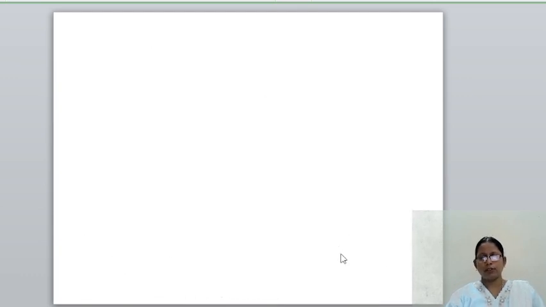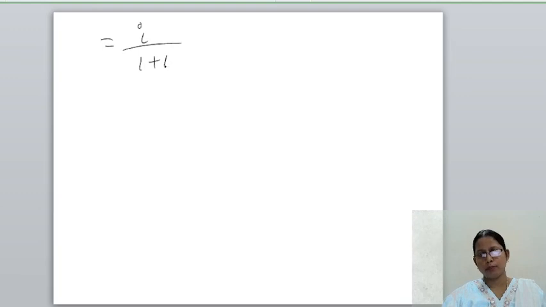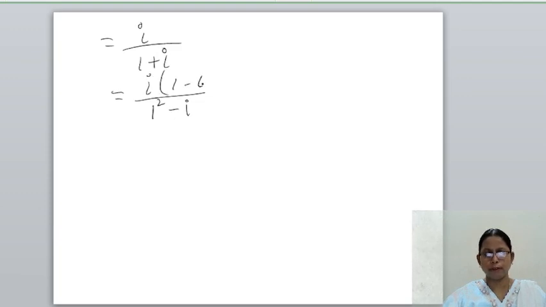So in the next step, it will be i over (1 plus i). To make the denominator free of i, we will multiply the numerator and denominator by the complex conjugate.